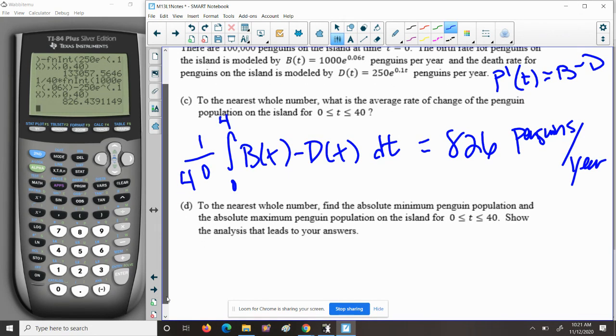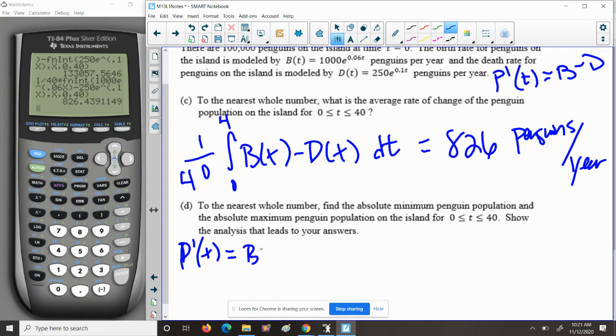Find the absolute minimum penguin population and absolute maximum penguin population on the island for t equals 0 to 40. Okay, so a couple of things here. First thing we need to do is figure out if there's a place where we have a relative max or min. So we're going to have to find out if P prime is equal to 0 anywhere.